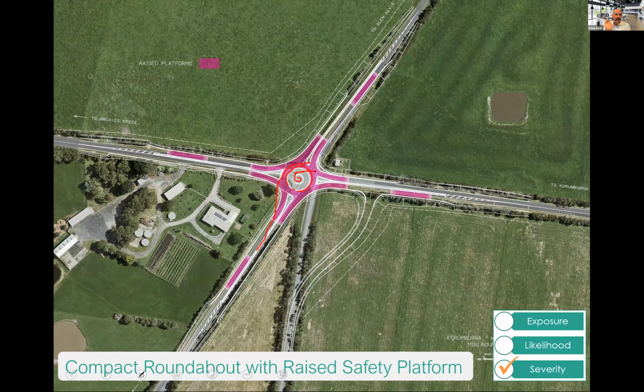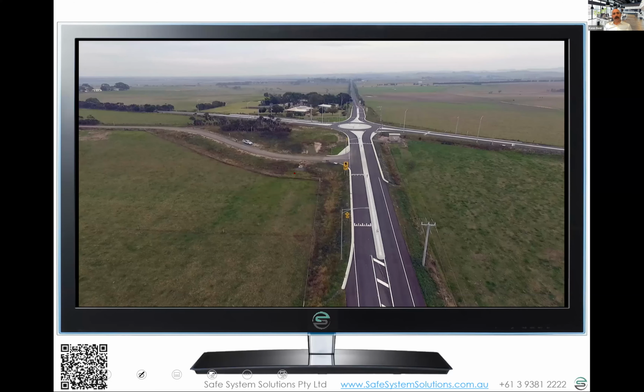And they went again with some raised platforms to slow vehicles on the approach, and then they went with this interesting roundabout arrangement. And again, that one got built, and I love this as another example of lower cost, but getting the same output in terms of reduction in death and serious injury. So there you go.